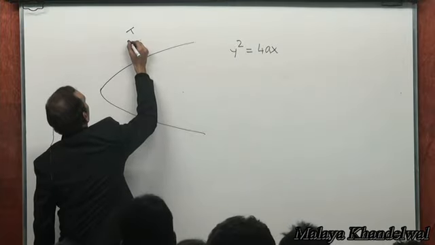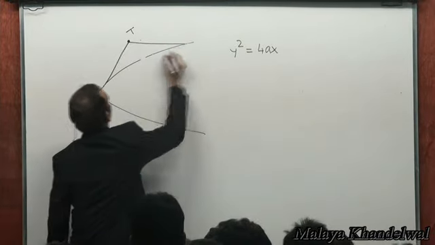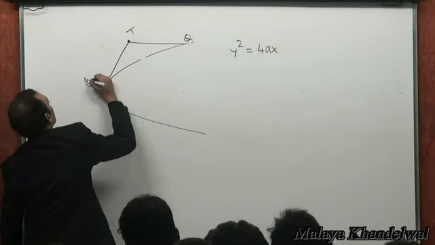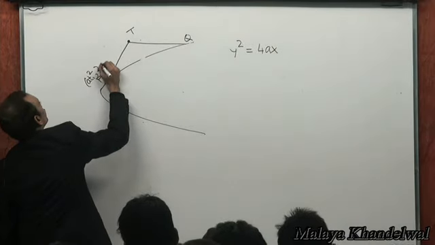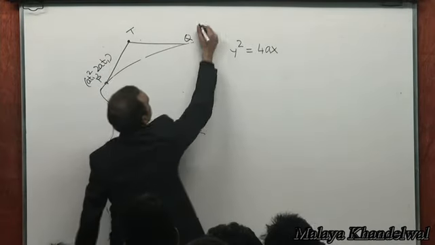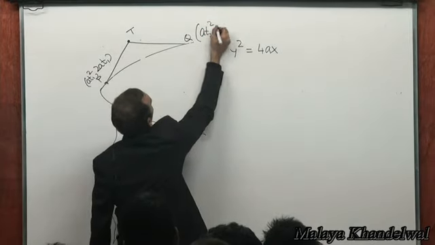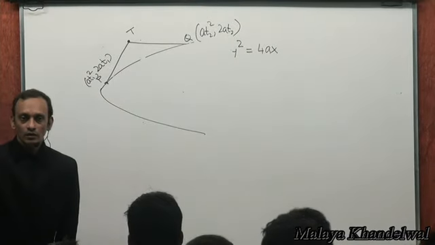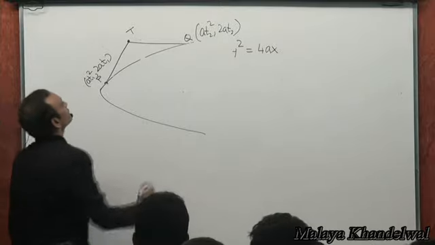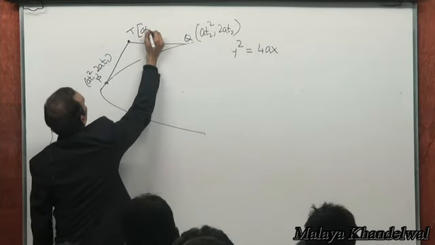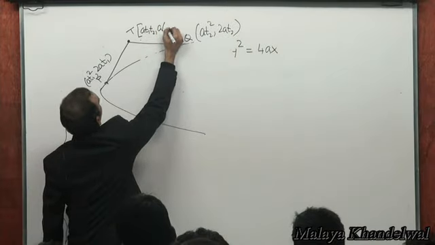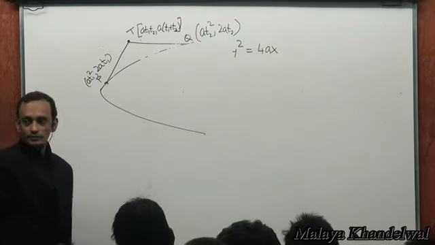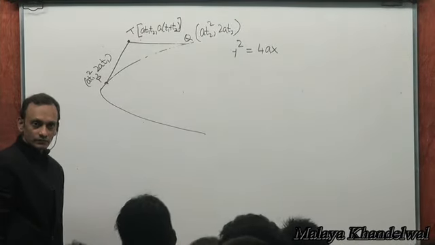Say from a point T, tangents are drawn at P and Q. P is (at1 squared, 2at1). Q is (at2 squared, 2at2). Then what would be the coordinates of T? T is going to be (at1t2, a(t1 plus t2)), right?